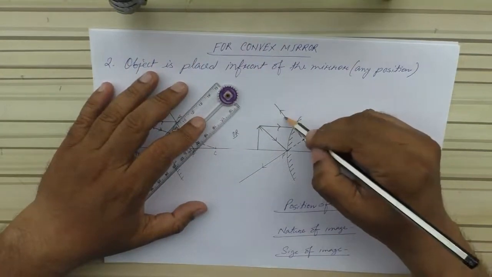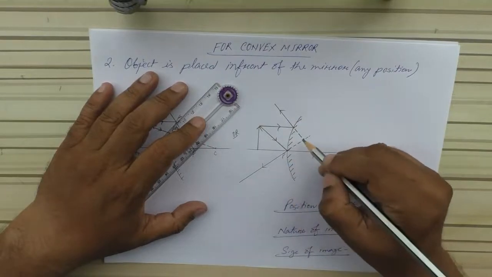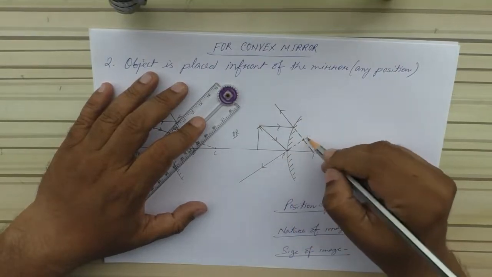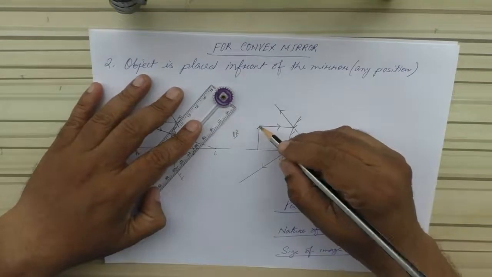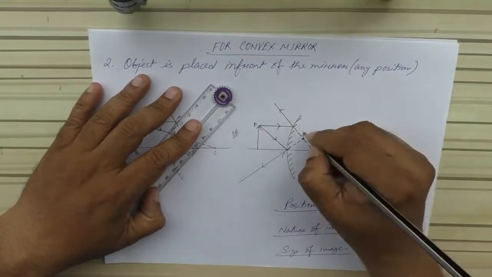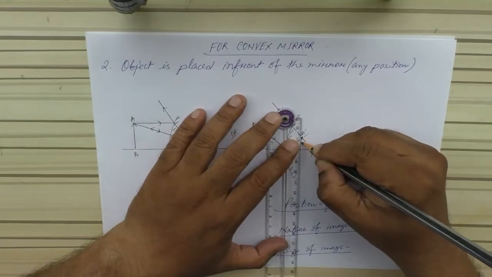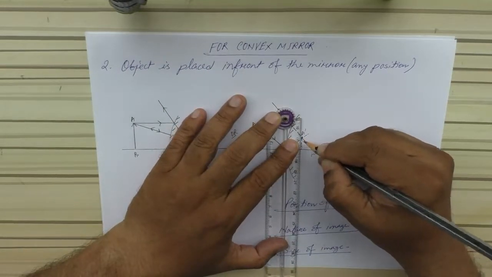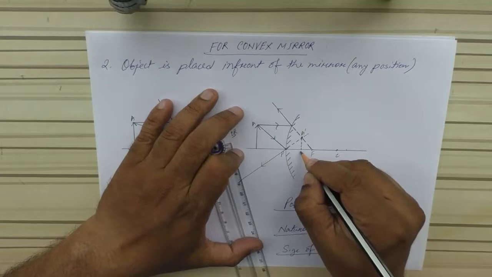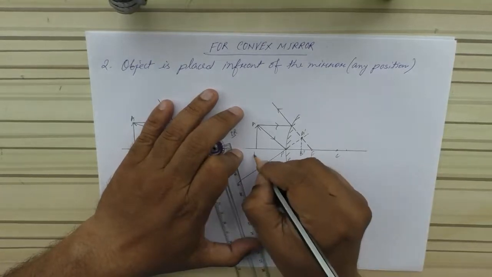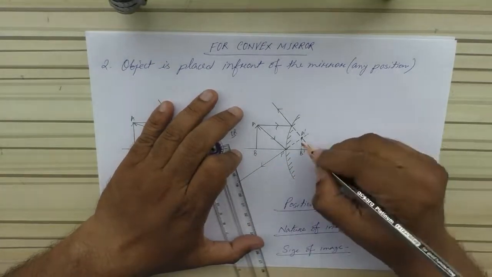So the reflected rays appear to diverge from this point. So this is the image of this particular point A. Let this be A dash. So we can draw image from here. This is B dash if we mark this as B.